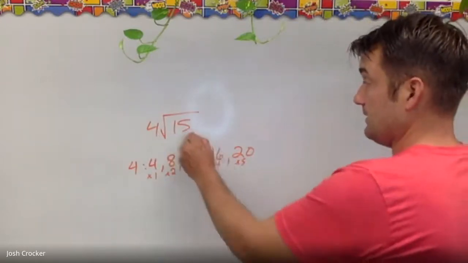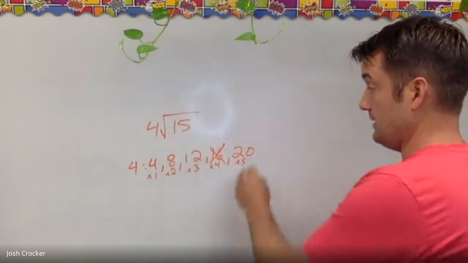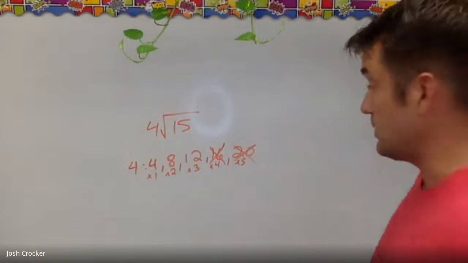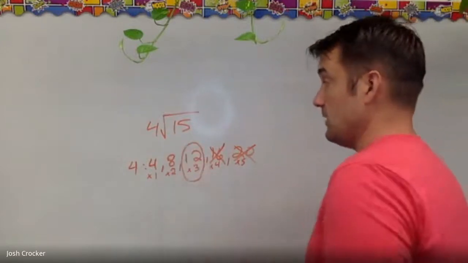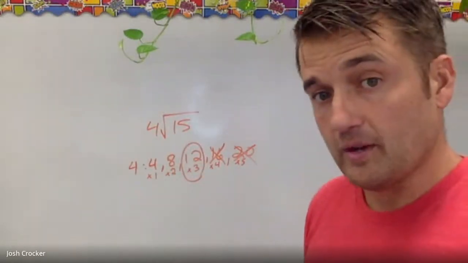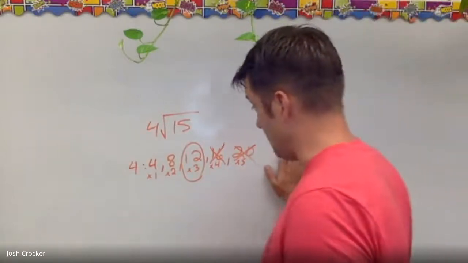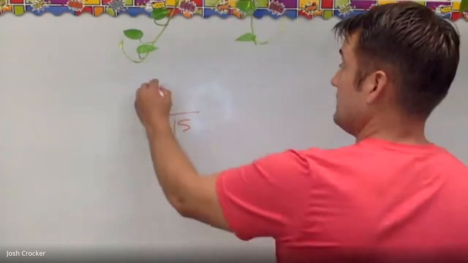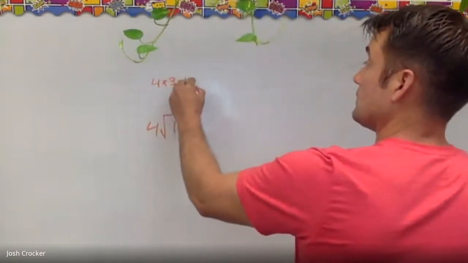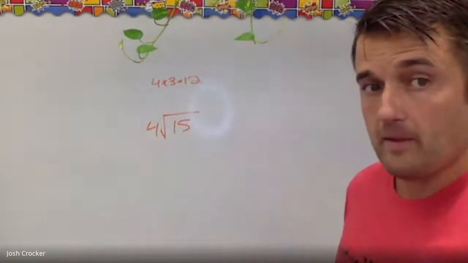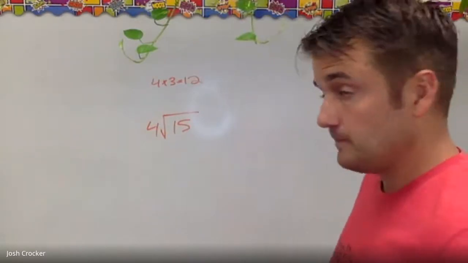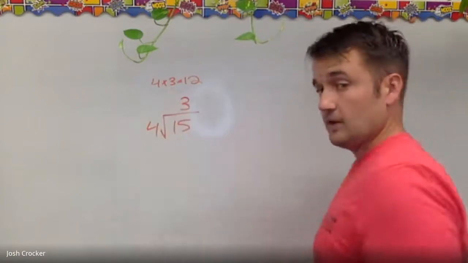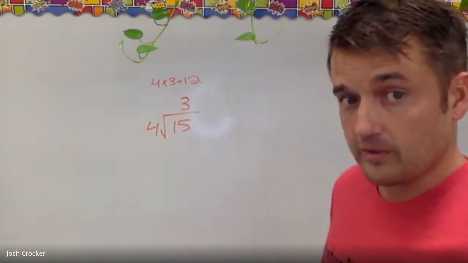Okay, so as close as I can get without going over. Well, 16 is over. It's more than 15. So everything past it is also over. Okay, 12 is as close as I can get without going over. So that's what I'm going to use. And I'm using the fact 4 times 3 equals 12. Okay, so just like we did this before, I'm going to put the other factor here. 4 and 3 are the factors.